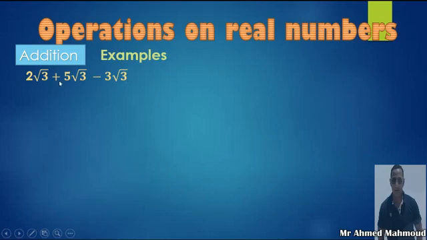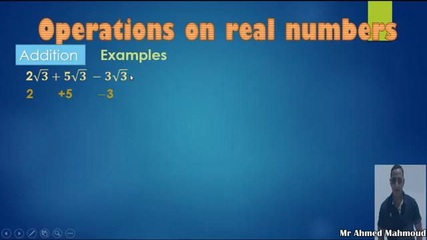Okay, in this case it's easy to add them by adding their coefficients, 2, 5 and negative 3. We have here the coefficients 2, 5 and negative 3. 2 plus 5 equals 7 minus 3 equals 4.